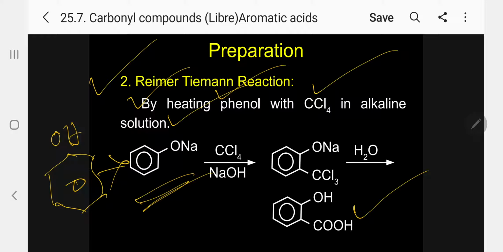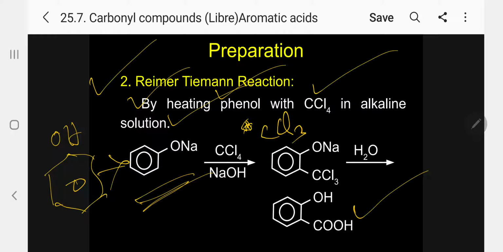But when you heat with carbon tetrachloride in alkaline medium, one of the chlorine atoms is removed and the corresponding CCl3 compound is formed.